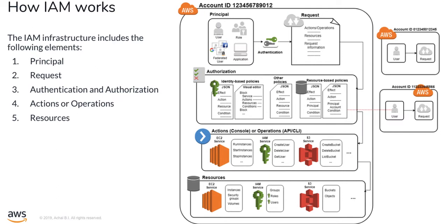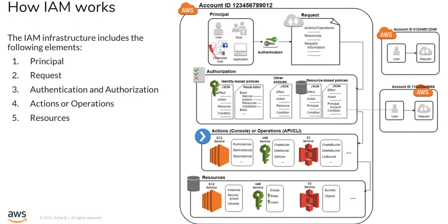So let's understand how IAM works in a very holistic approach. What are the components which are there, and how it interacts with these components. If you see this architecture diagram, it has principals. Principal is having users, roles, federated users, and applications.